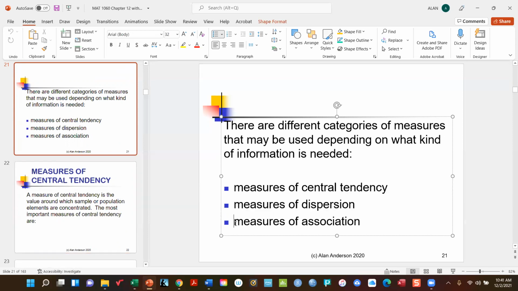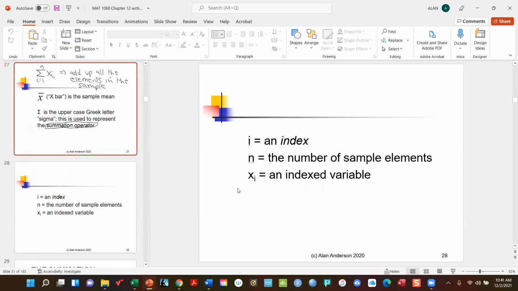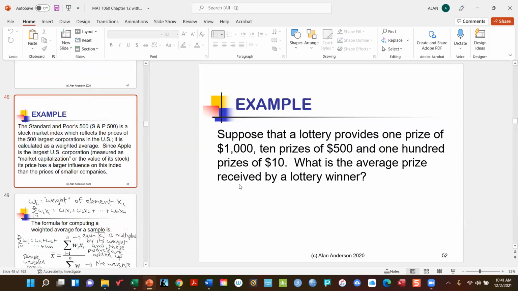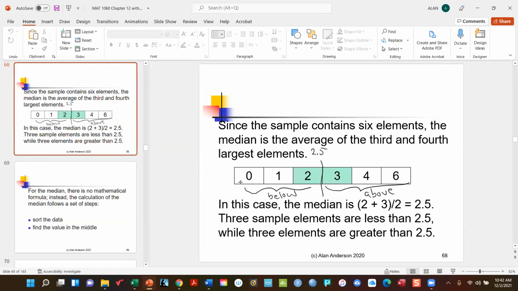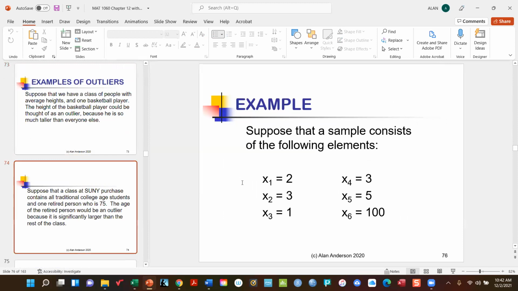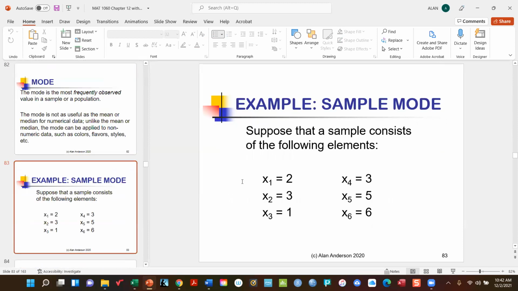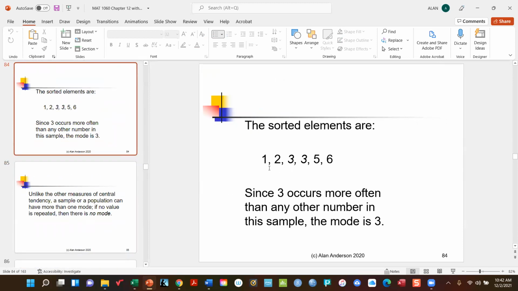Then finally, we have the measures of association, which is a different type of measure because it looks at 2 different samples or 2 different populations, and it tries to determine if they follow each other very closely or not. In other words, we're trying to determine if they're related to each other in any meaningful way. Like, for example, you might discover that there might be a strong connection between the price of gas in New England and the price of gas in New York State.